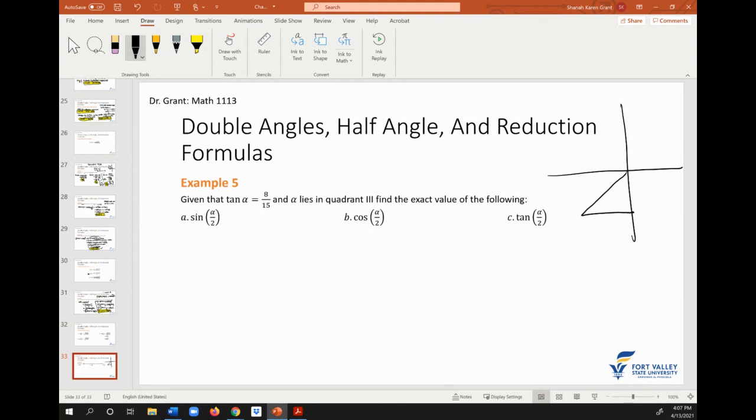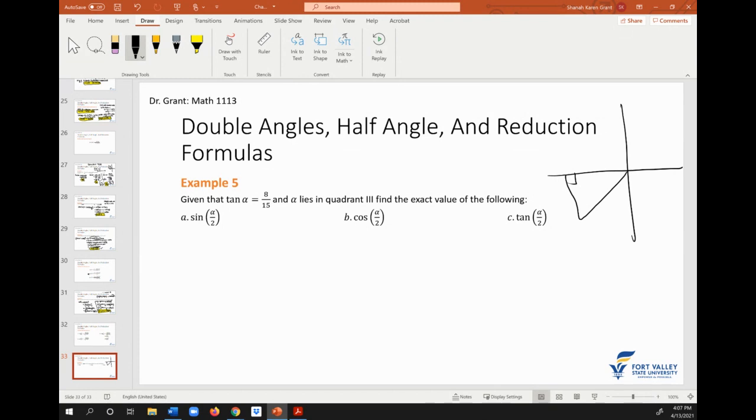No, this is not the correct triangle. We're coming from the center. There we go, here's my right angle. Alpha lies in quadrant 3, so that means that both x and y are negative.